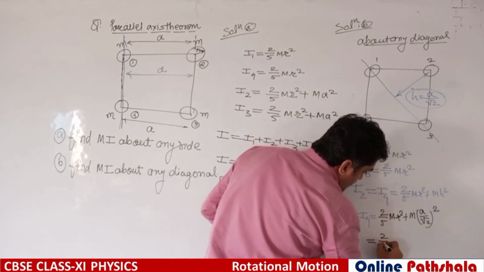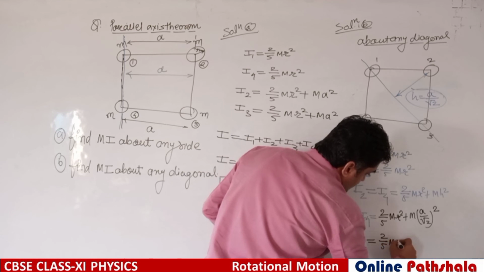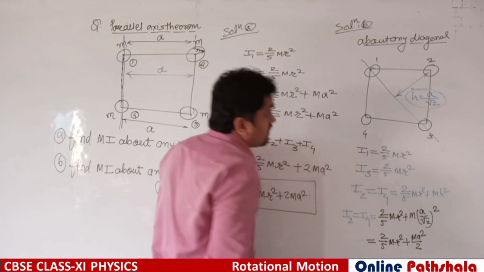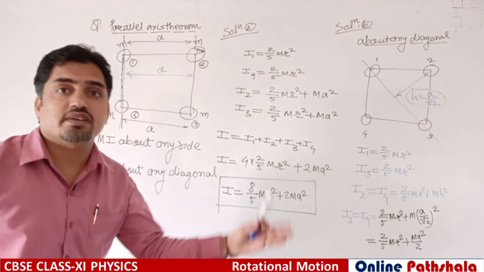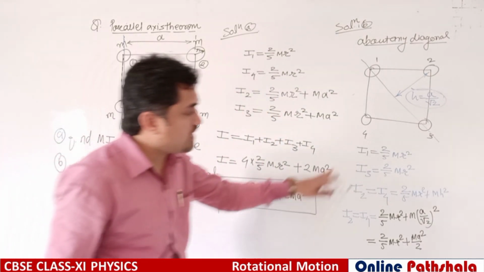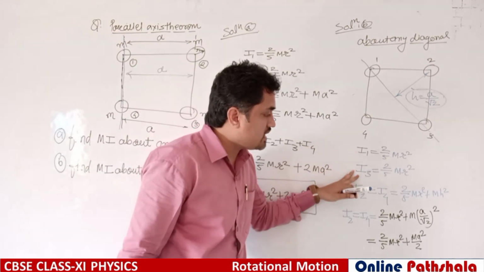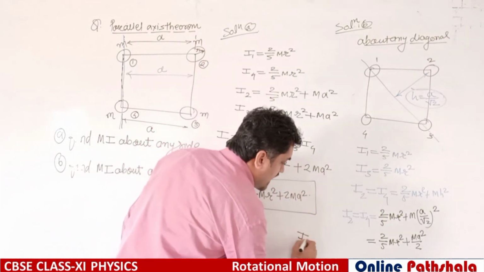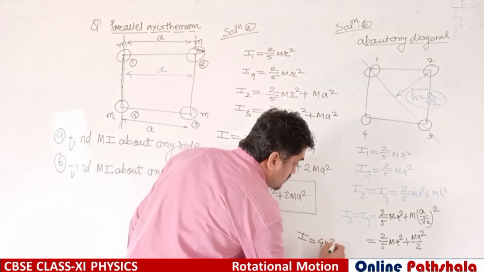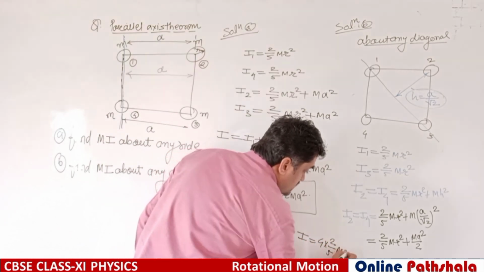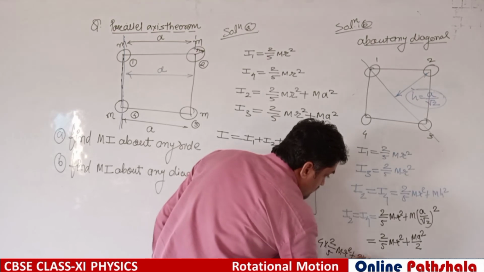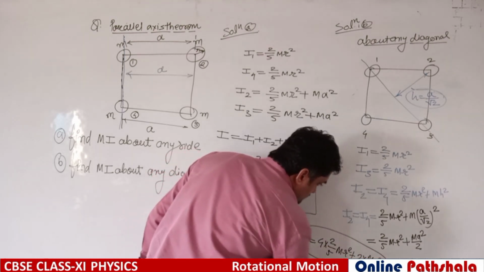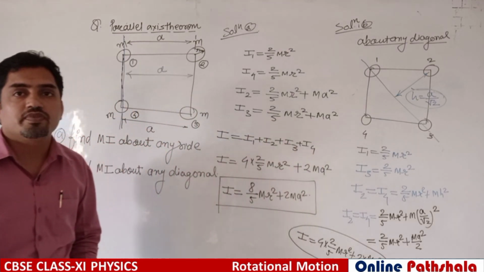So 2 by 5 mr square plus ma square by 2. Finally, what we have to do? We have to add all these I1, I3, I2, I4. So we are getting the total I equal to 4 times 2 by 5 mr square plus 2 times ma square by 2. This is the answer. Okay, this is the answer.